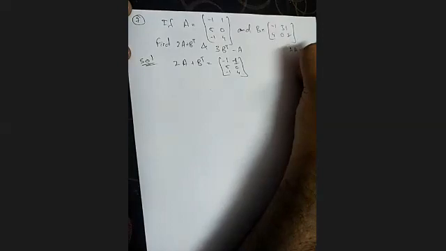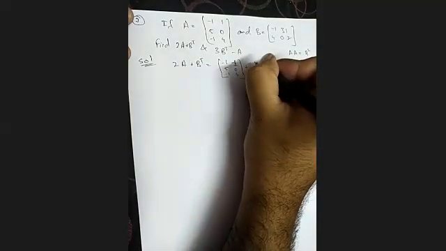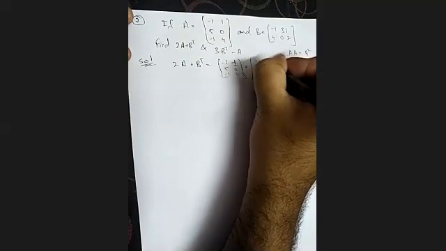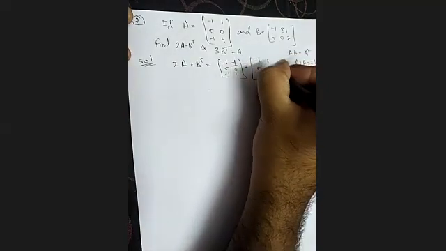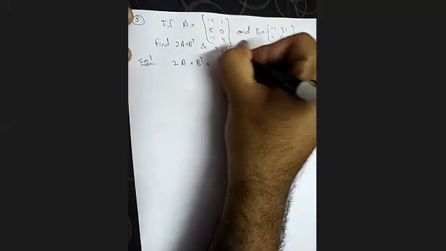A plus A is 2A. Okay. So minus 1, 1, 5, 0, minus 1, 4. So this is your 2A plus B transpose.